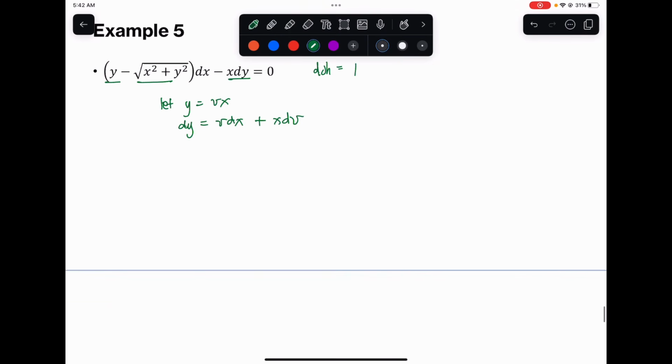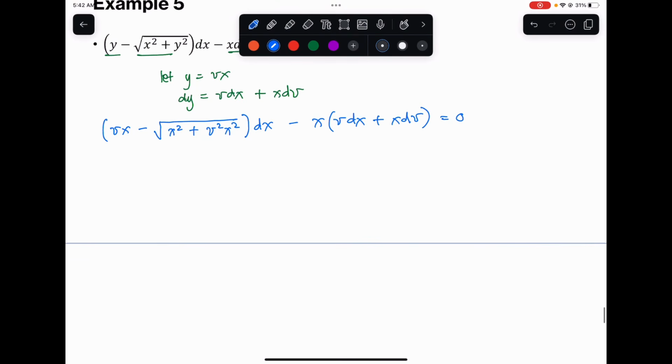So we substitute y as vx, minus the square root of x squared plus y squared, which is v squared x squared, times dx, minus x times dy, which is v dx plus x dv, equals 0.